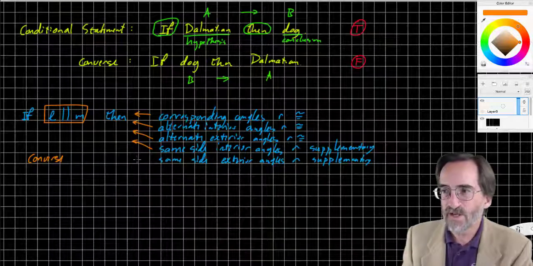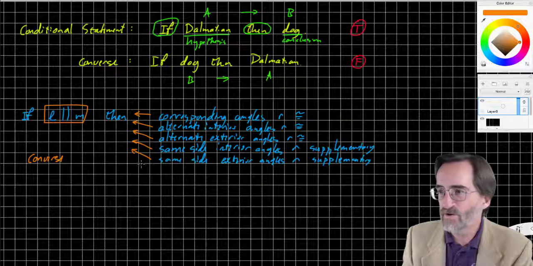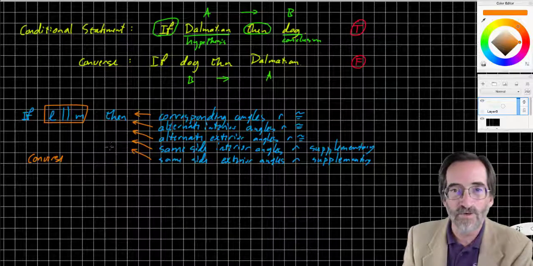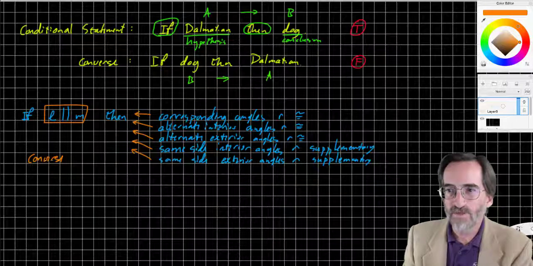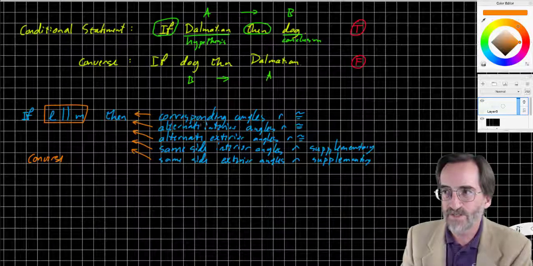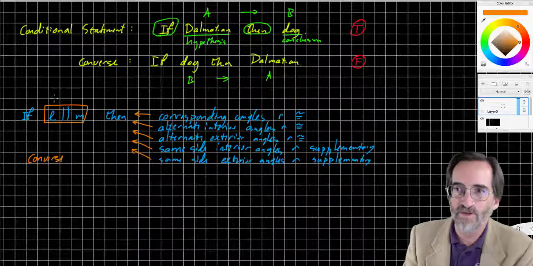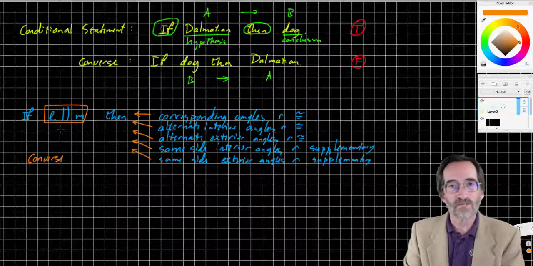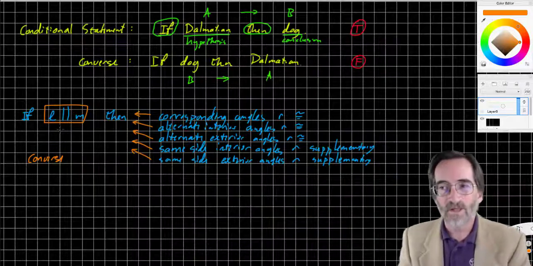If the same side interior angles are supplementary, then the lines are parallel. And if the same side exterior angles are supplementary, the lines are parallel. Those are also true. So if I want to use one of these rules, the converse of the corresponding angle postulate says, if corresponding angles are congruent, then lines are parallel. So we can use the converse of each of these statements to prove that lines are parallel.